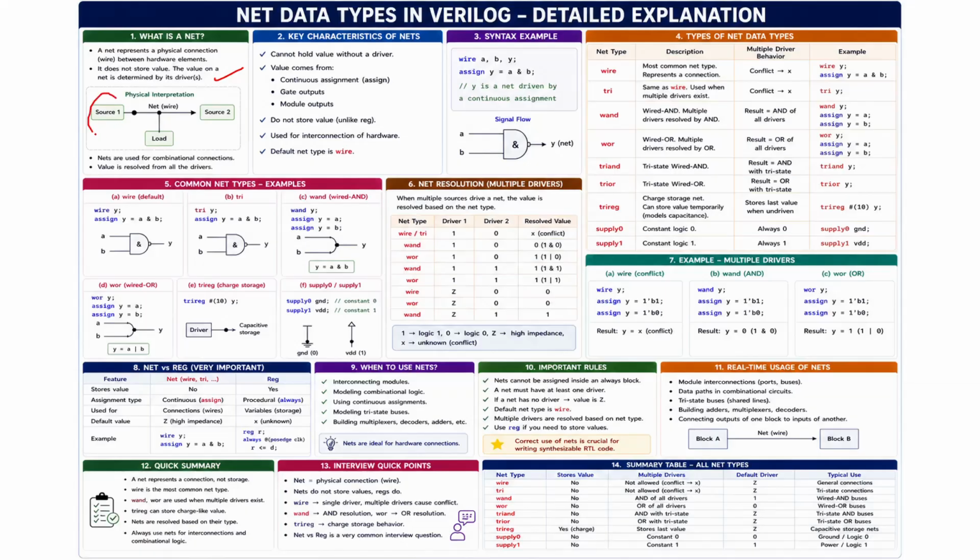Between source 1 and source 2 we are connecting a line, and for that purpose we use a physical connection, the wire. Wire is generally used for continuous assignment, or combinational circuits.